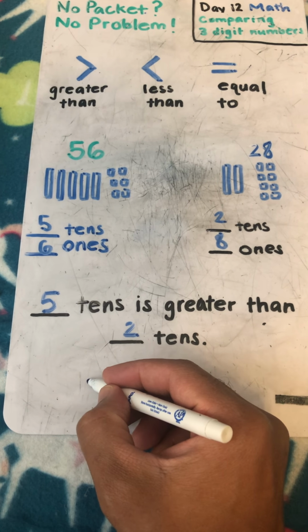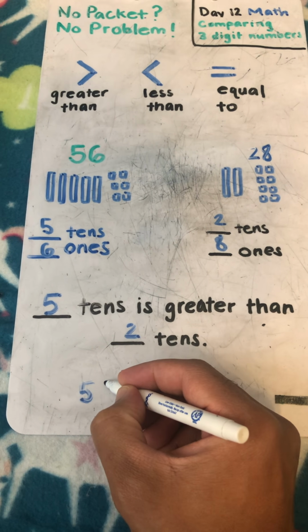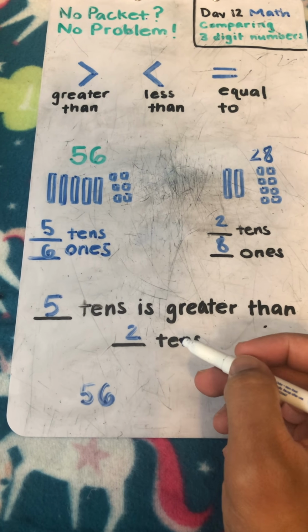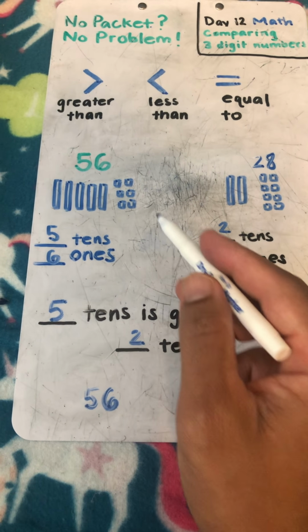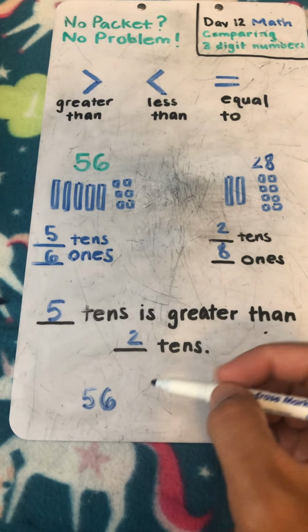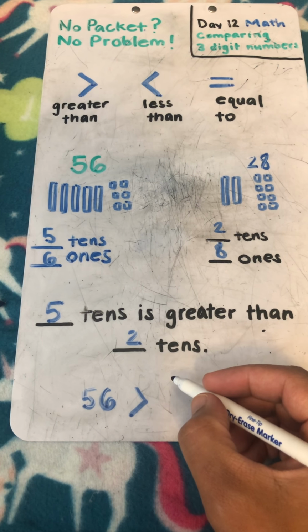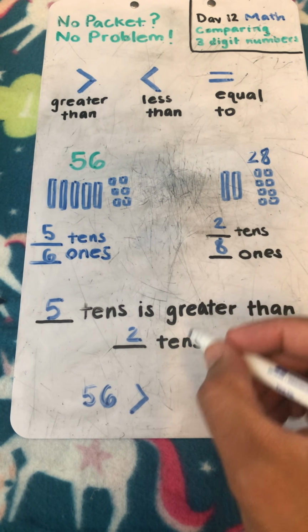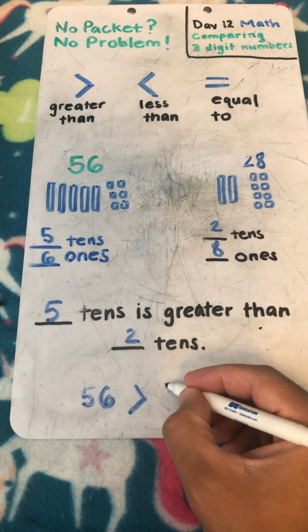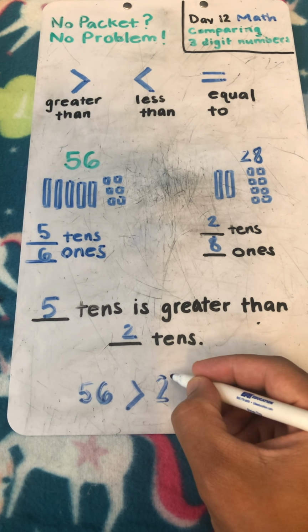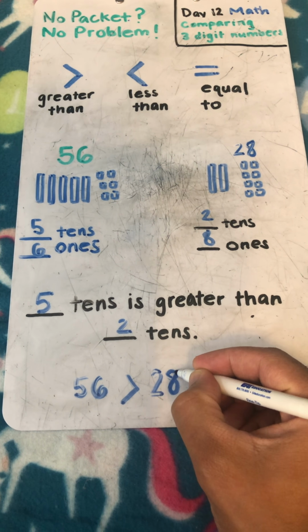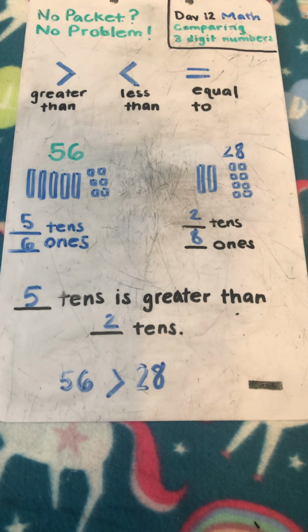In this case, I know that 56 is greater, so I need to use the symbol that means greater than. 56 is greater than 28. So here is me creating a number sentence. Okay?